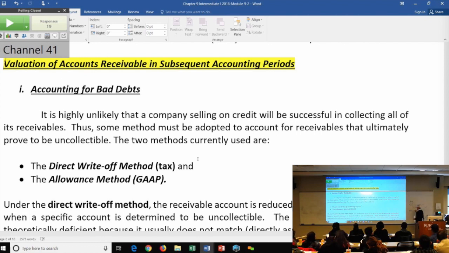On the direct write-off, you would directly write off the receivable. You would debit the bad debt expense, let's say it's $2,000, and you would credit accounts receivable for a specific customer.